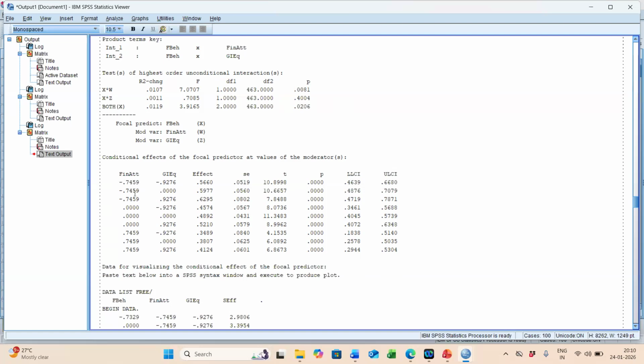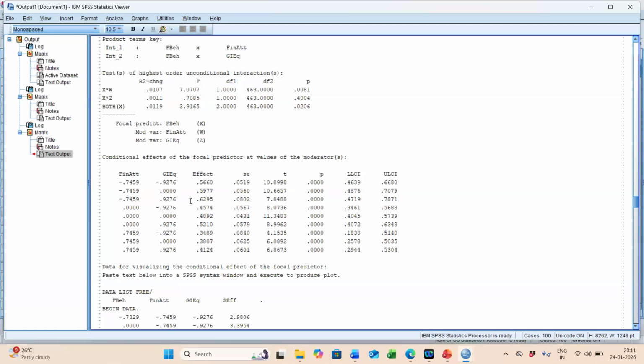But at the least level of financial attitude and the mean level of gender equality, the effect has increased. And at the least level of financial attitude and the highest level of gender equality, the effect is again increased.